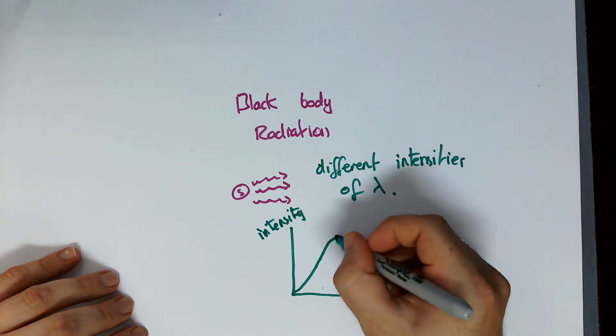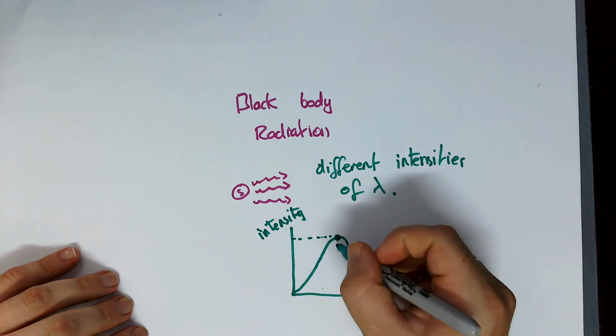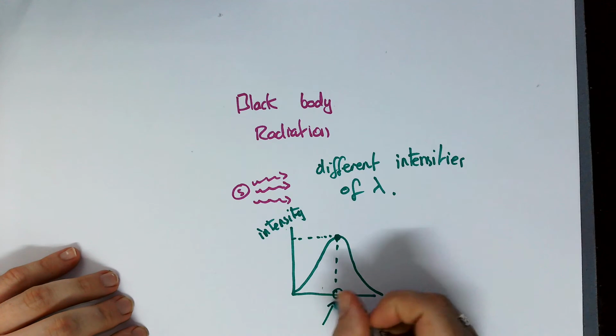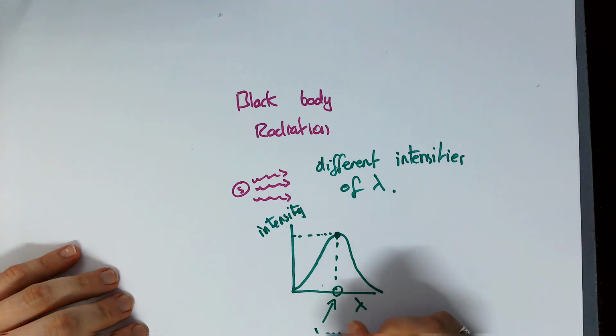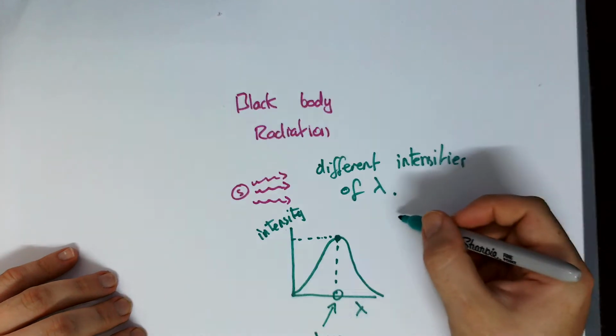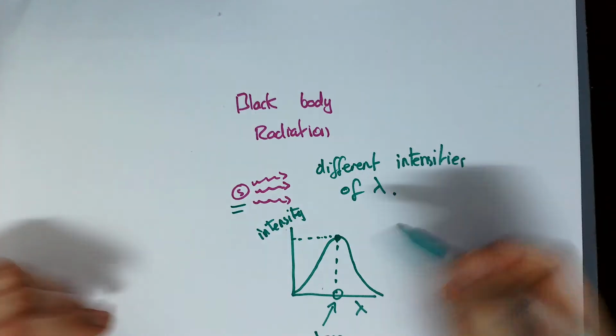And right here we have a maximum intensity seen at this wavelength, and we call this lambda max.